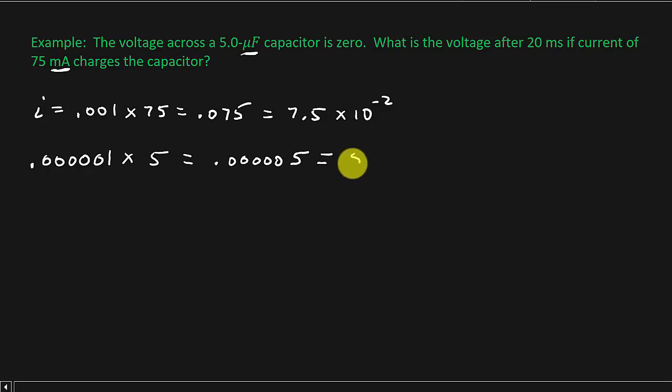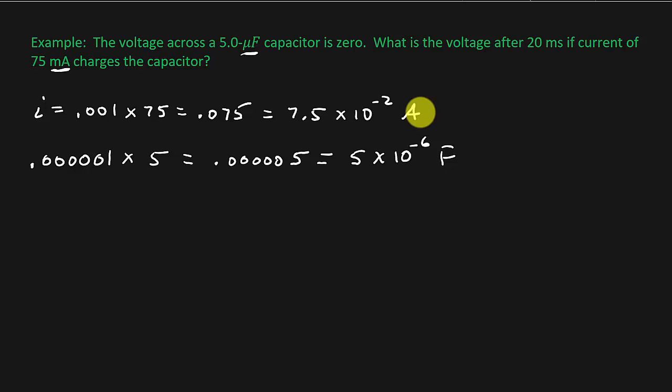And if I convert that to scientific notation, that's 5 times 10 to the -6. This would be farads, and this would be amps. So that's the units we need to be in. Just remember, you may have to do some converting.